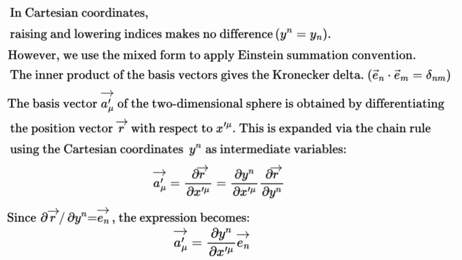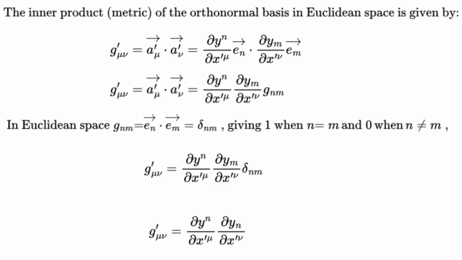Since partial r over partial yn equals en, the expression becomes the inner product, metric, of the orthonormal basis in Euclidean space, given by, in Euclidean space, gnm equals e n dot e m equals delta nm, giving 1 when n equals m and 0 when n not equal m.